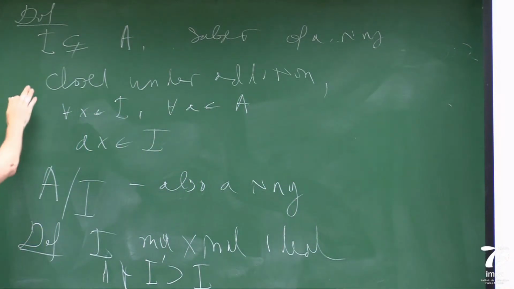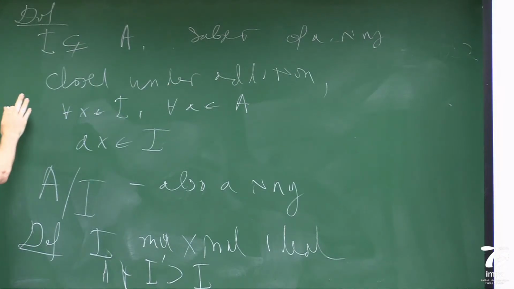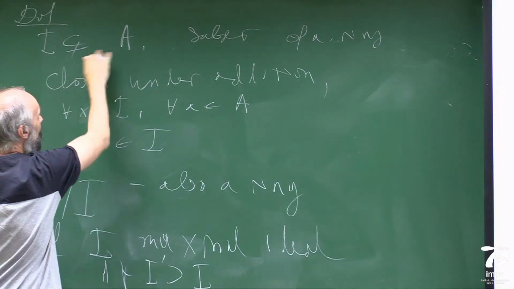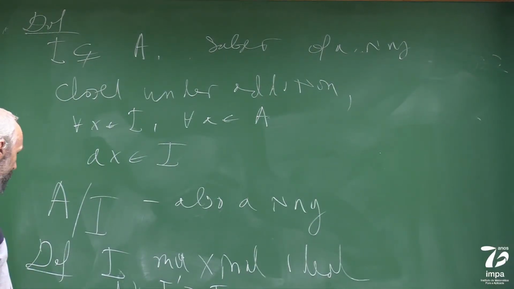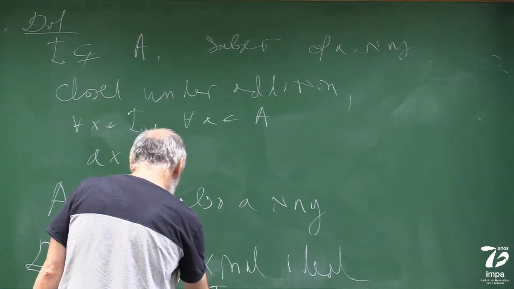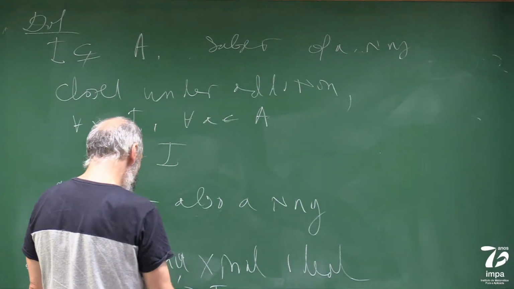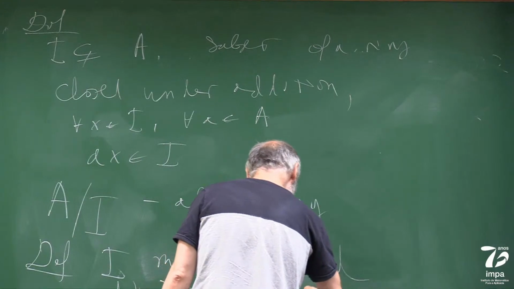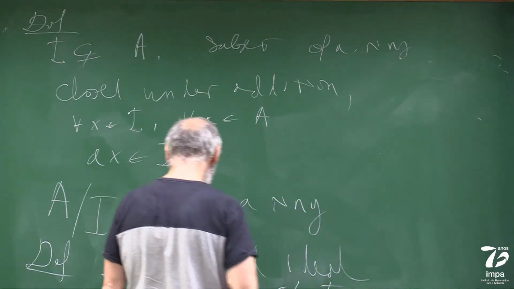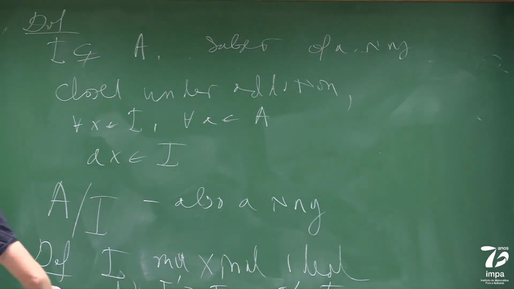For this approach, I will use the convention that the ideal can't contain unity. So if for each ideal I prime containing I, I prime is equal to I, this is what a maximal ideal is.